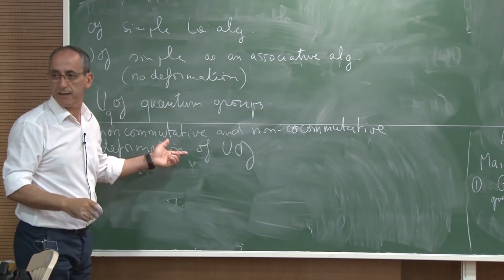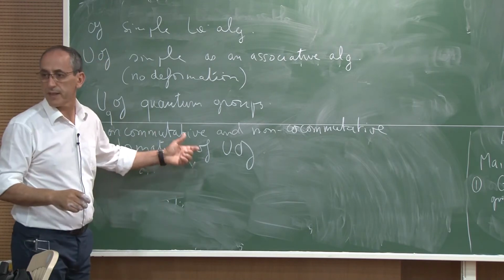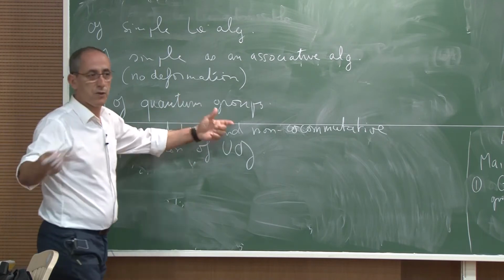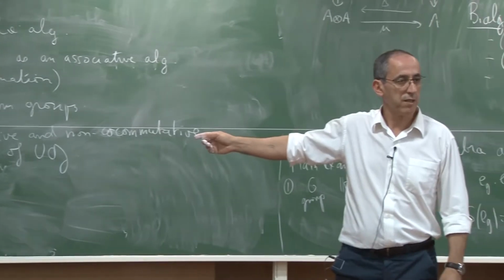Okay, and what you get here is a quantum group. And then it's related to deformation. The quantum group is a deformation of the usual UG.